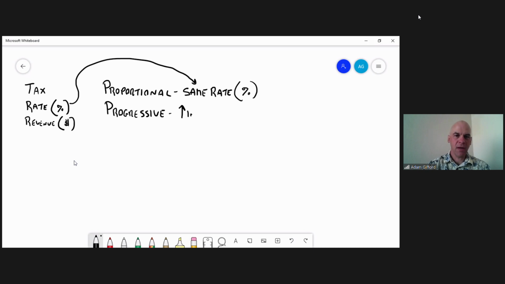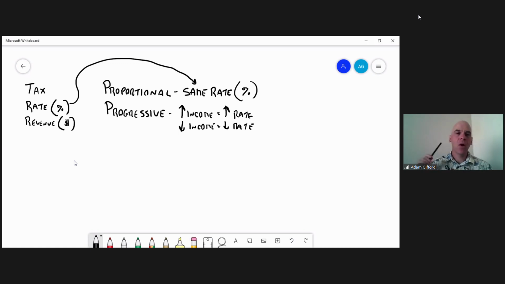An increase in income would see an increase in rate. And the inverse is also true. So income and tax rate move in the same direction.